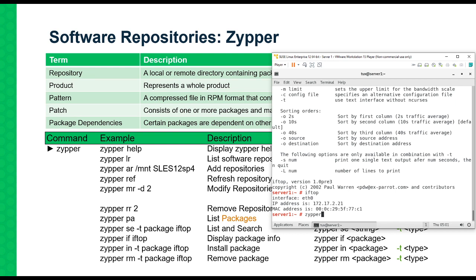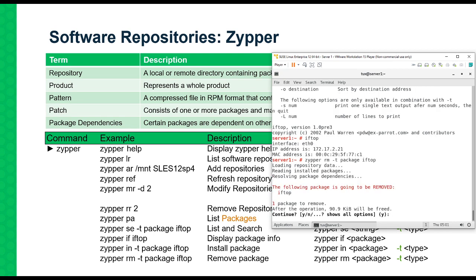We go zypper and we say remove the package, and we don't have to define it, but we can do so as a -T package, and we'll remove the iftop package.